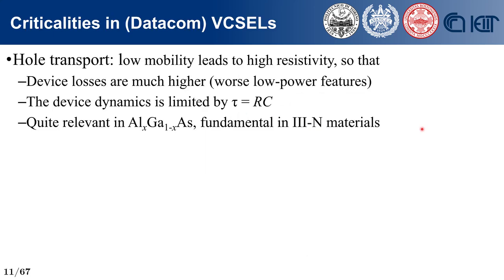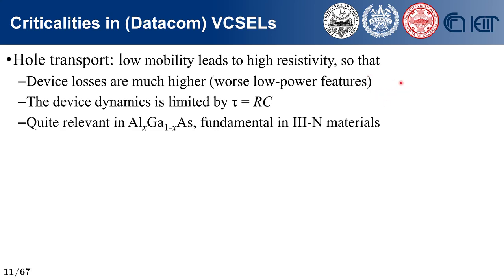Why? Well, VCSELs right now are quite interesting in short-range data communication. Why short-range? Well, the centralized computation paradigm suggests that most of the calculations and traffic takes place inside data centers. So, optical communications shorter than 100 meters are very important.